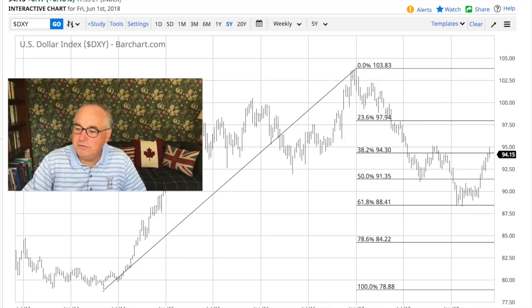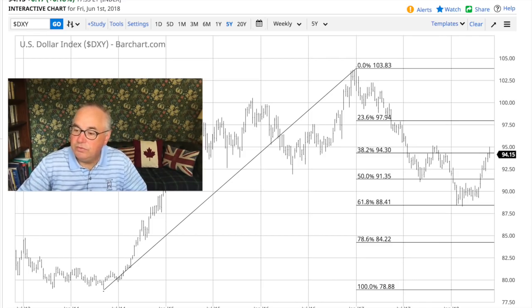Look where the Fibonacci retracement is, the 61.8 of the move we've had for the last 4 years. It's 61.8, and we consolidated for a while, and then the dollar rallied and it broke through fairly quickly through the 50%, and now it's really testing the 38.2%, which is 94.30.